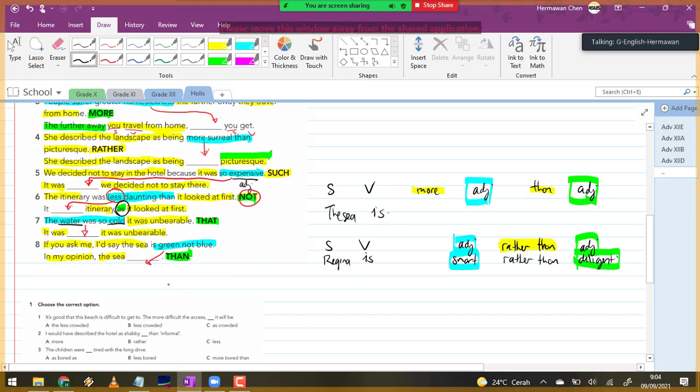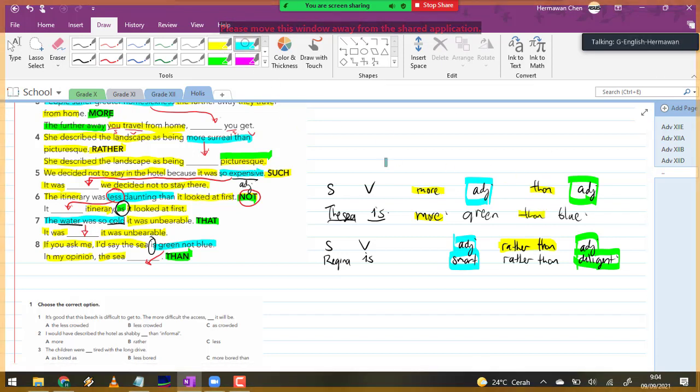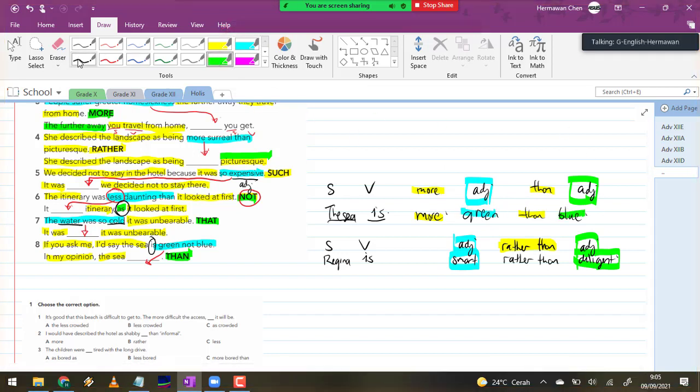Is the verb. Taken from here, present simple. Continue with the pattern. More. More what? More green than blue. That's it. The sea is more green than blue. That's the answer. That's the first answer.